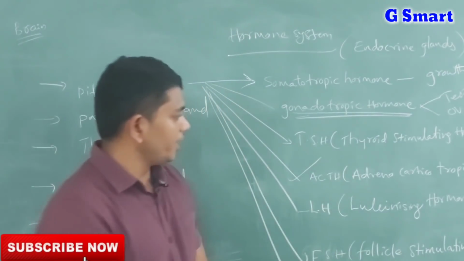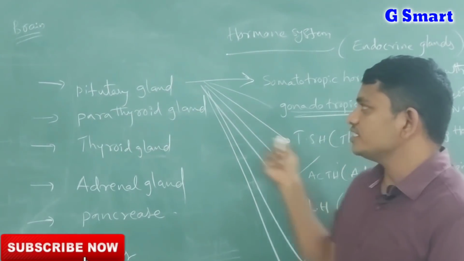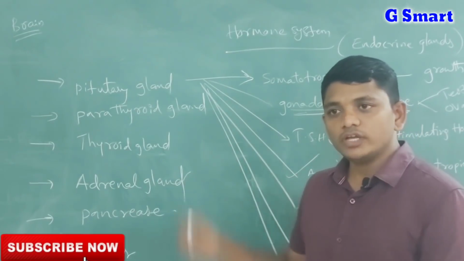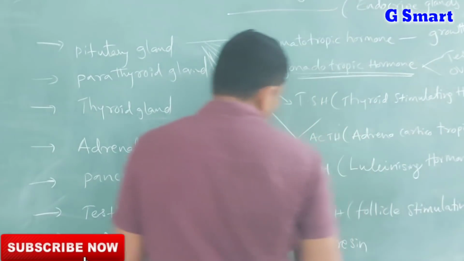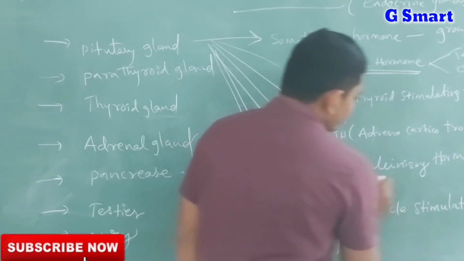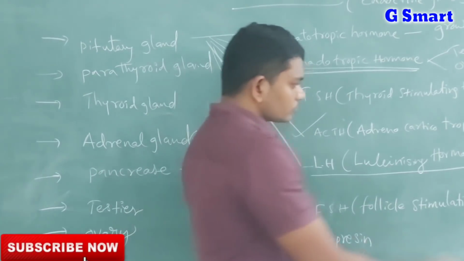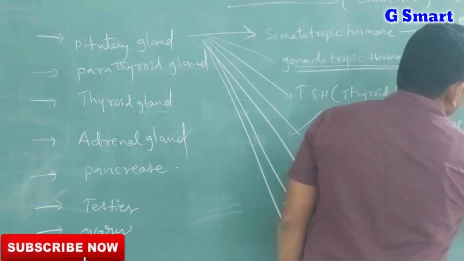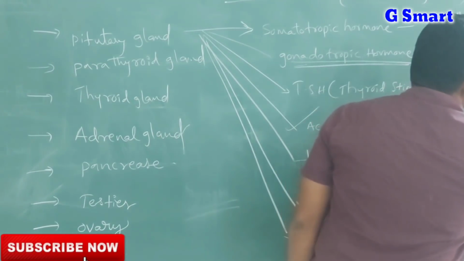And ACTH, adrenocorticotropic hormone, is released by the pituitary gland but acts on the adrenal gland, so it motivates the adrenal gland for its functions. Then we have to discuss LH, luteinizing hormone. Luteinizing hormone is responsible for the release of testosterone hormone in males.